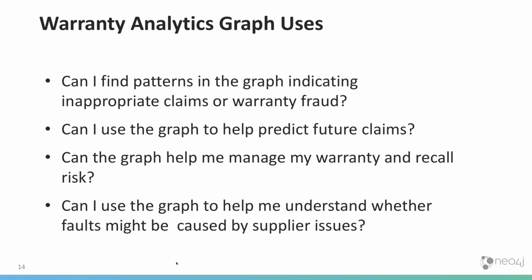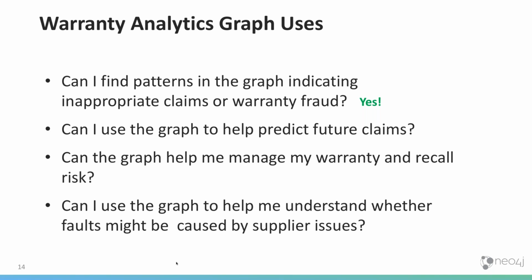So how can we use this type of warranty analytics graph? Can we find patterns in the graph indicating inappropriate claims or warranty fraud? Absolutely. And once we find those patterns, we can then keep an eye out for them, right? So we can take a look: are there things that lead up to this particular type of claim, or to this claim being inflated or taking too long, or what have you?